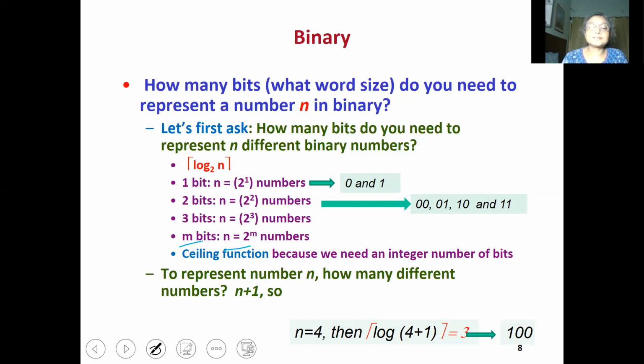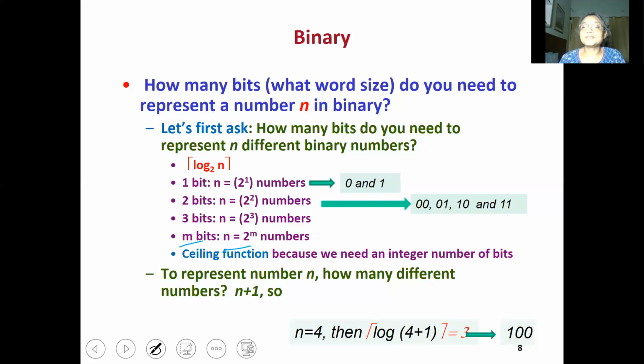Suppose you want to represent the number n. So how many different numbers must there be? You want to represent n. Suppose n is equal to 100. So there must be at least 101 different numbers from 0 to 100. How many bits do you require?